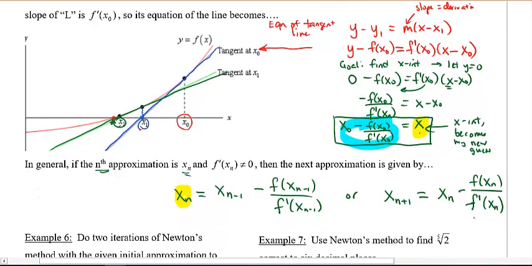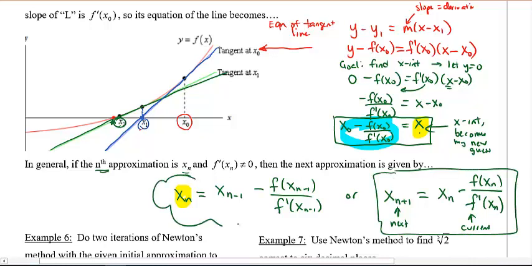So really what I'm saying is this is like current, and this is the next value. As long as you understand that x sub n plus 1 is the next value, I think you'll be okay. Most textbooks use, I think, this notation here, but I have seen some use this as well. So just be aware they both mean the same thing.